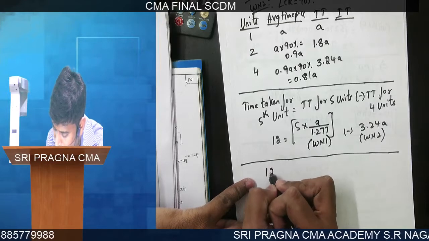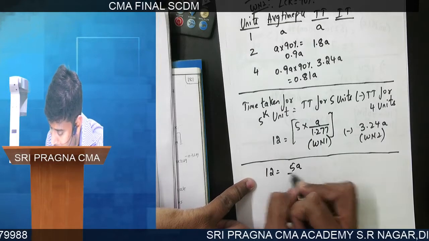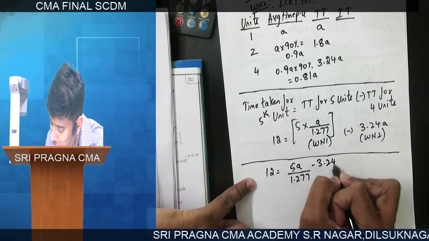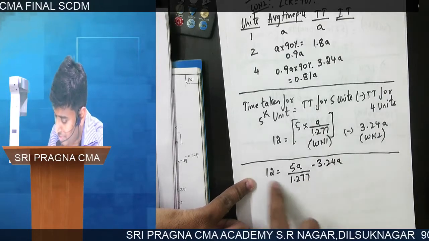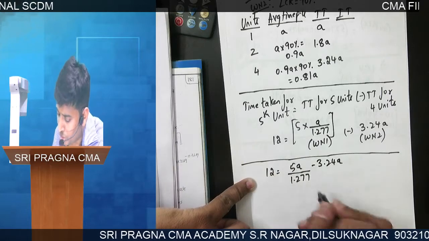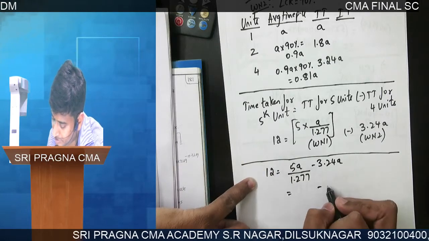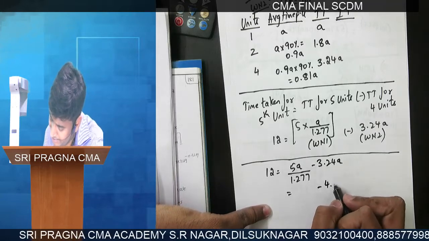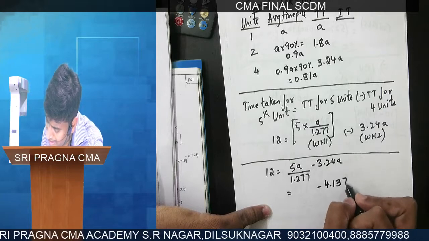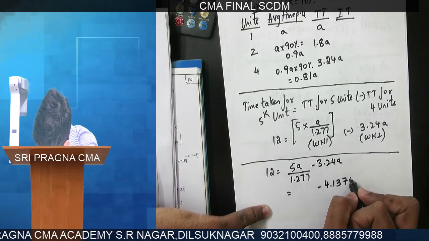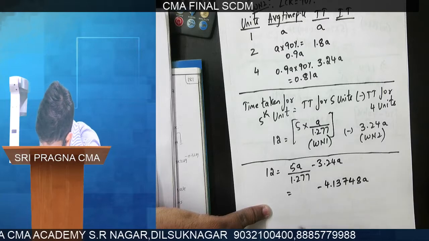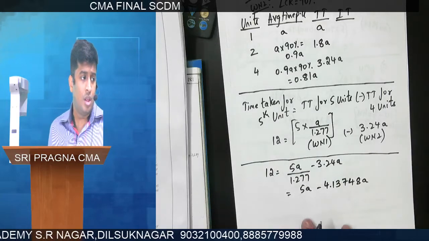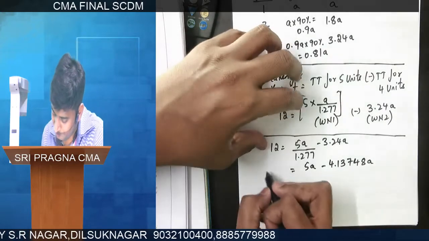Ab 12 is equal to 5a by 1.277 minus 3.24a. 12 by 1.277 into 3.24, 4.13748 a, 5a, 12 into 1.277. 15 point.